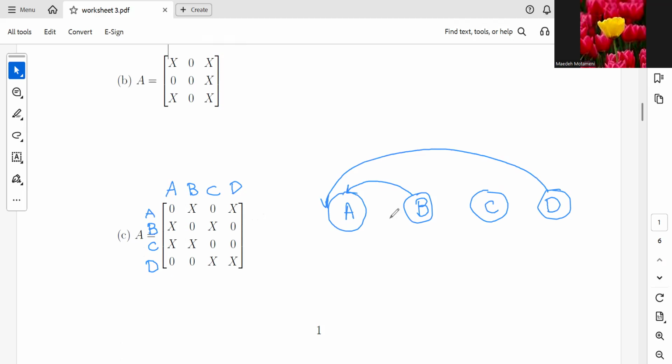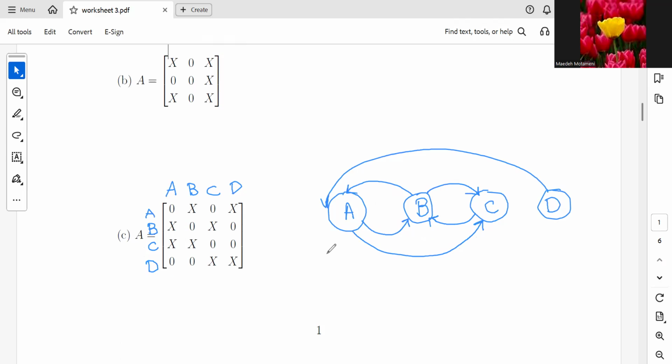Next row, from A to B, like this, and nothing from B to B, but there is an arrow from C to B, and nothing from D to B. Next one, A to C, B to C, and that's it for this row.